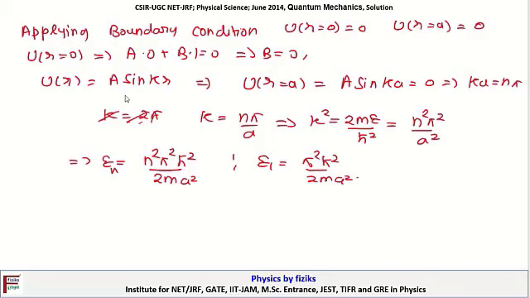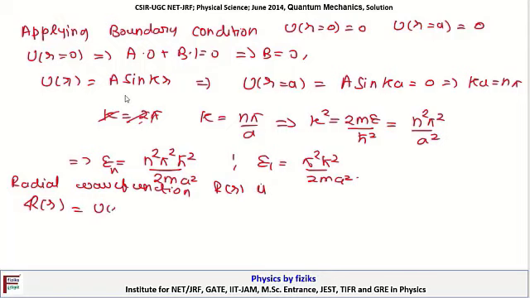The normalization coefficient of the radial wave function R(r) will be: R(r) is u(r) divided by r, which gives us A by r sin kr.